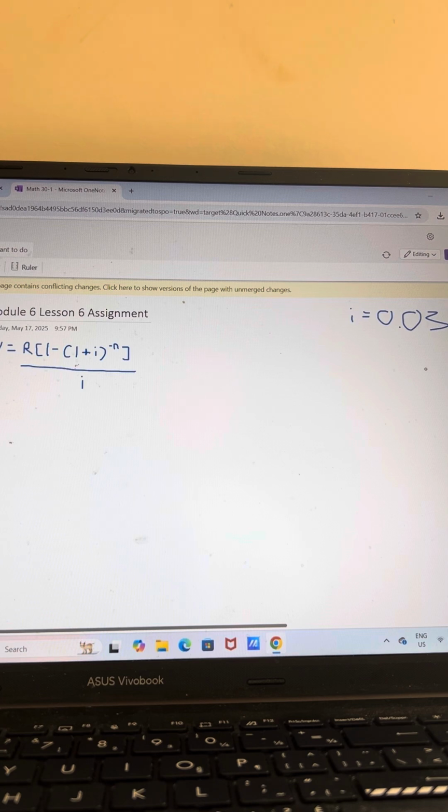And we have to find N, the number of 6 month periods. When we find N, we're going to get an answer in 6-month periods, and we're gonna have to convert that to years.